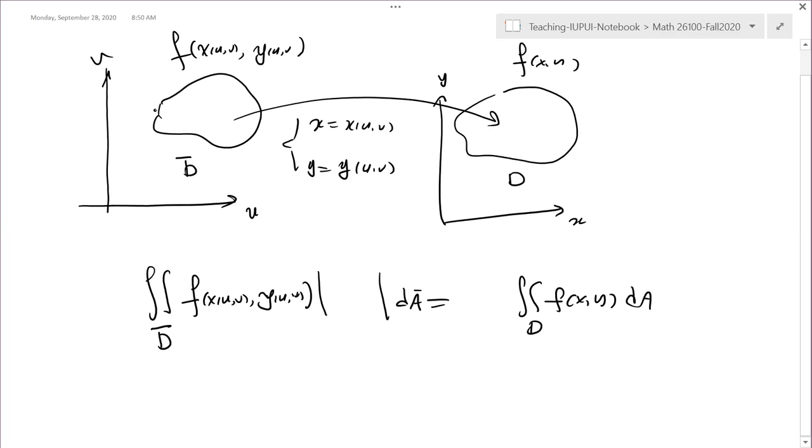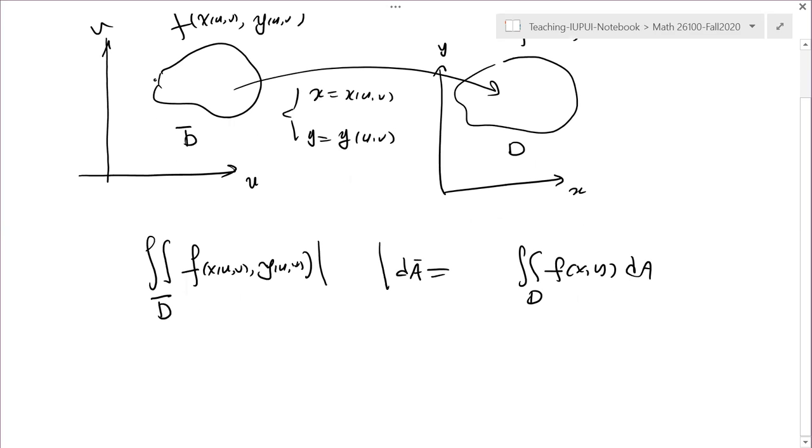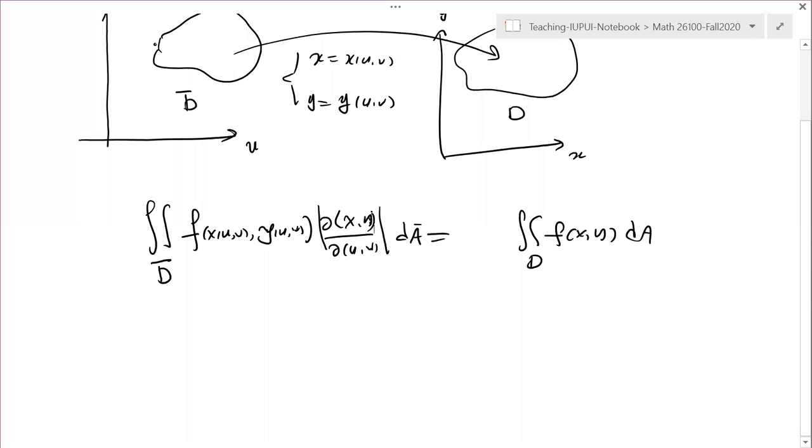Here, D bar is an area element with respect to U and V. This is called the Jacobian of XY with respect to U and V. Now, this is an additional term that shows up. This is very similar to substitution in the two-dimensional case, and very similar to the one-dimensional case when the function has one variable.